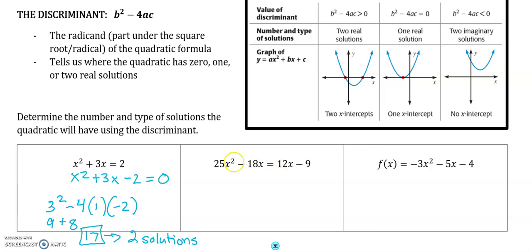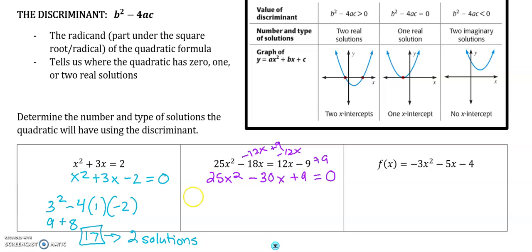Oh my goodness, look at this next one. We've got some solving to do. So I've got 25x squared. I'm going to subtract 12x on both sides, and I'll get negative 30x. And I'm going to add 9 to both sides so that my equation is equal to 0.